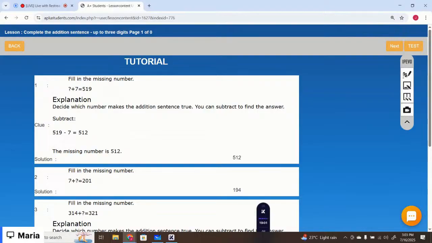You need to subtract 7 from the other side, right? We have to do 519 minus 7. 519 minus 7 equals 512, right? Let's start with the test questions.